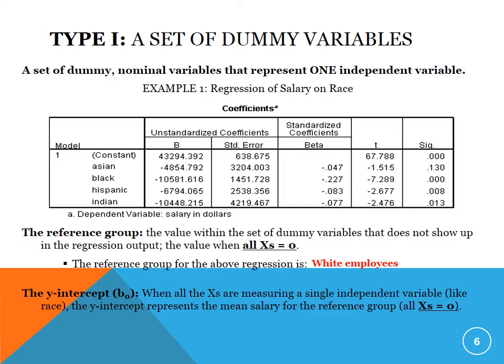So white would be what the y-intercept is, right? When all the x's are 0. And so the y-intercept here is, again, white employees. And what is it telling us here? It should tell you that the mean salary for white employees is about $43,000. Okay?